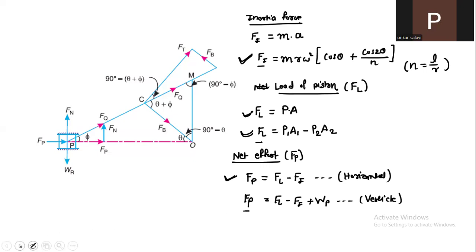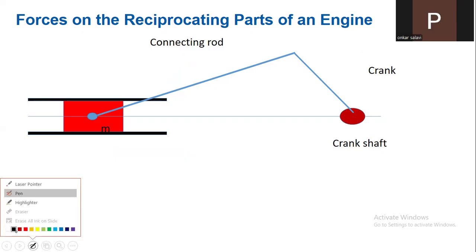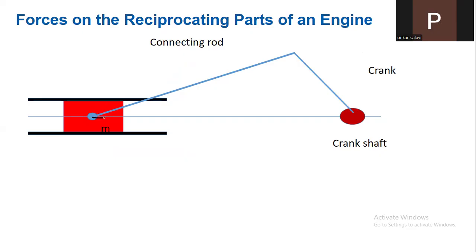Now let us see the force diagram and how the forces are transmitted. We know the net effort on the piston is represented as Fp. Out of Fp, some force is transmitted along the connecting rod. That force is called Fq. Some force will act in the normal direction on the cylinder wall, and this normal force is called Fn.